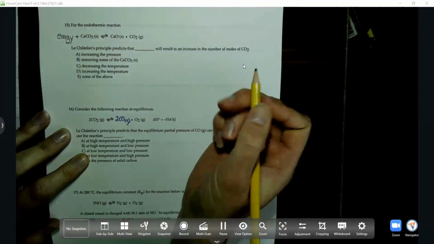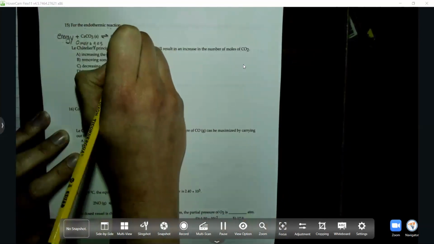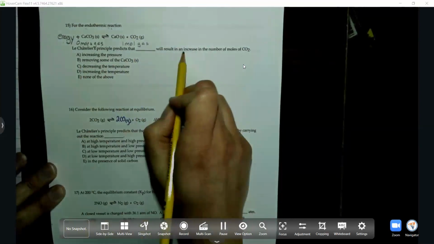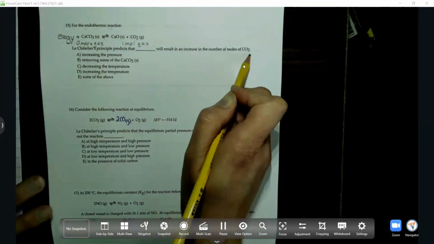The other thing I like to look at is moles of gas. 0 moles of gas, and we have 1 mole. All right, so Le Chatelier's principle predicts that blank will result in an increase in the number of moles of CO2. We want to shift the reaction towards products.